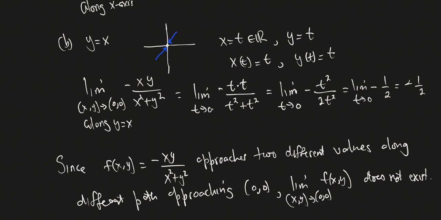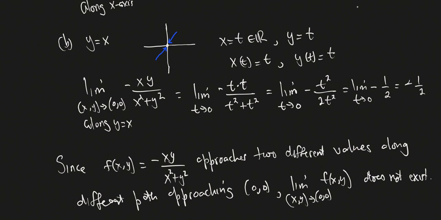Now you might say, well, how do I know what to use? Well, that's where experience comes in. And at this level, without going super deep into it, you would be given the paths, to say, okay, along the x-axis, or along the y-axis, or along the line y equals x, or some other path that is guaranteed to approach the point, and then you would go through your limit calculation.